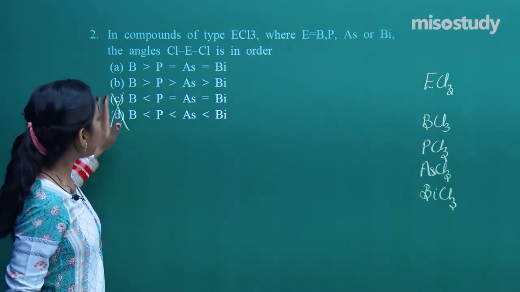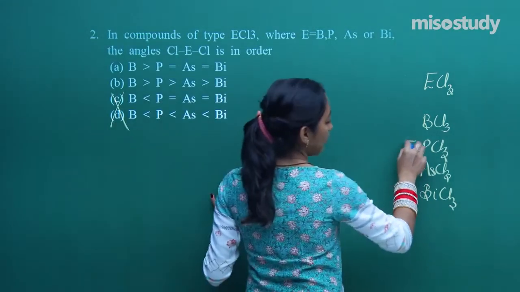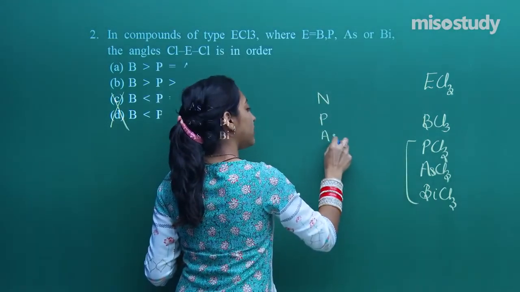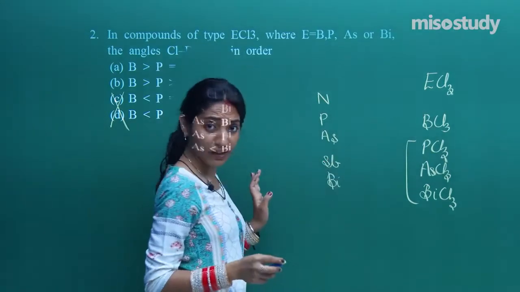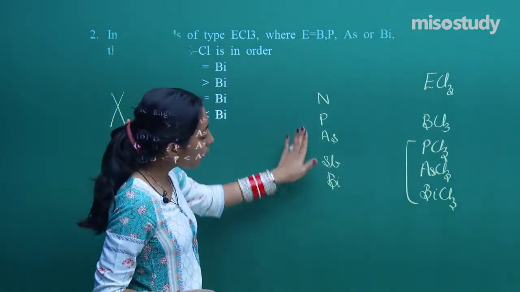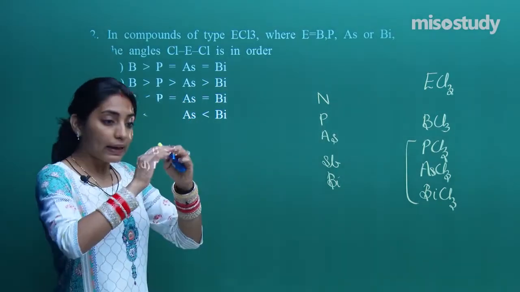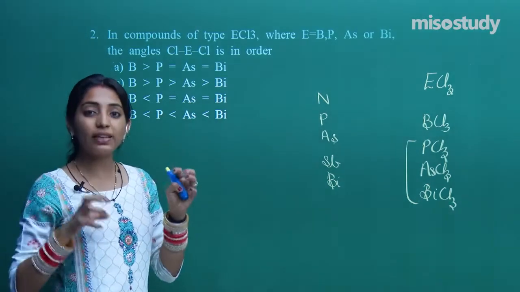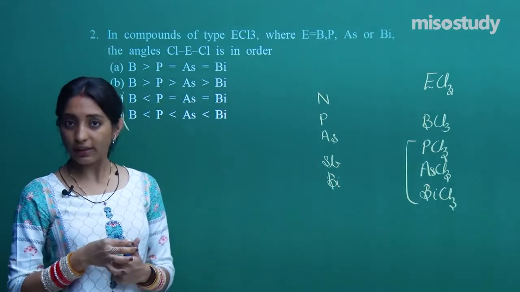Okay. Now if I compare PCl3, so see, nitrogen, phosphorus, arsenic, going down the group. We know that when you go down the group, the central atom becomes bigger and bigger. Now the side atoms can easily arrange and there will be less hybridization taking place.